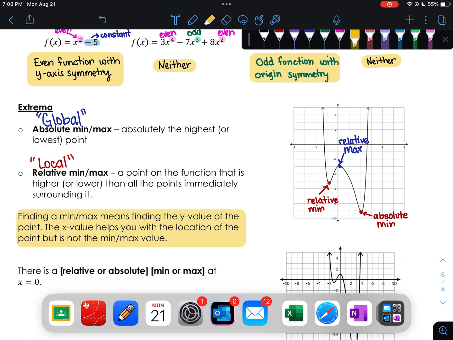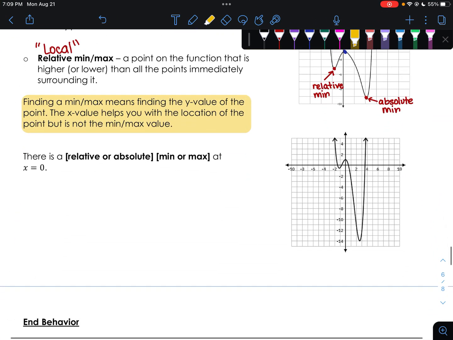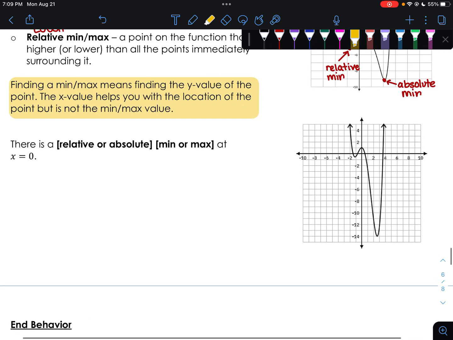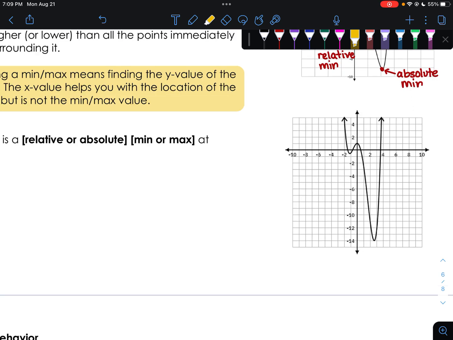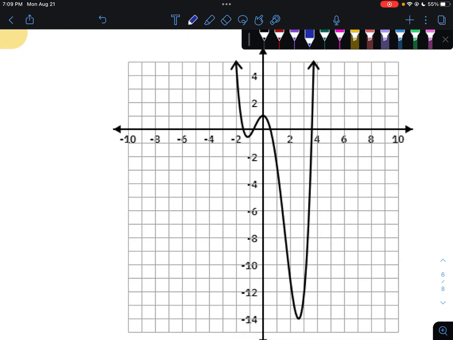So what I would like you to do is to pause the video and try this example right here. So hopefully you gave this a try, but it wants us to know if there is a relative or absolute min or max at x equals 0. So x equals 0 is right here. It is a maximum point, but it is not the highest point on the graph because we have parts here and here that go higher than it.